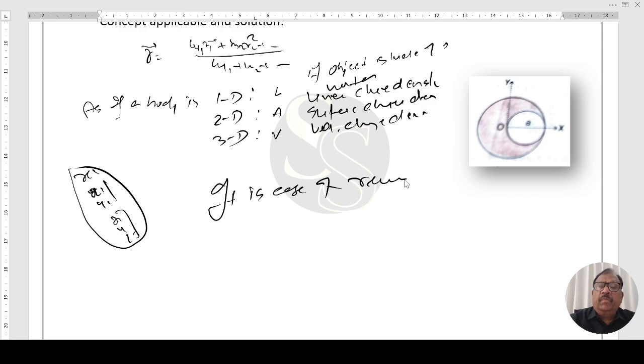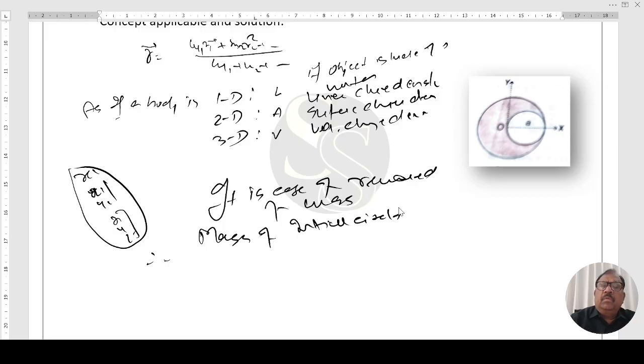Now, it is a case of removal of mass. Then for the mass of the initial circle, we will consider area. Area of the initial circle is pi a square.